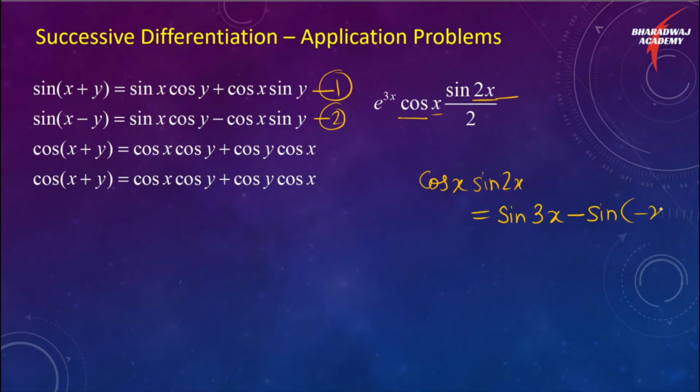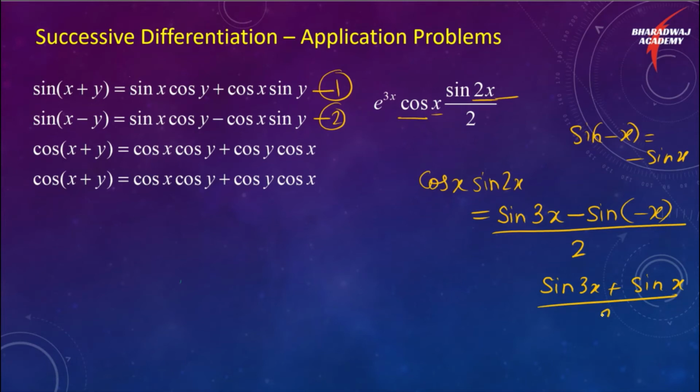So we get sin of minus x, all divided by 2, right? Now, sin of minus x we know is minus sin x. So this will change into sin 3x plus sin x, all by 2. Yes. So we are left with this.